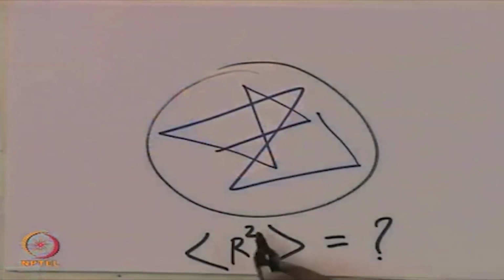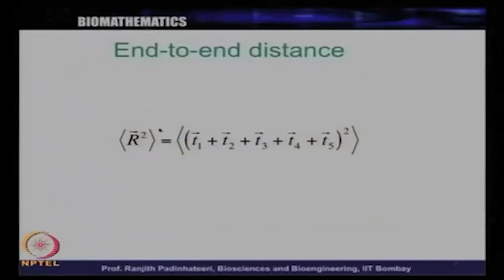Okay. So, what is the R square average? That is the next interesting question. How is R square average defined? If you look here, the R square average is defined as T1 plus T2 plus T3 plus T4 plus T5 whole square average.